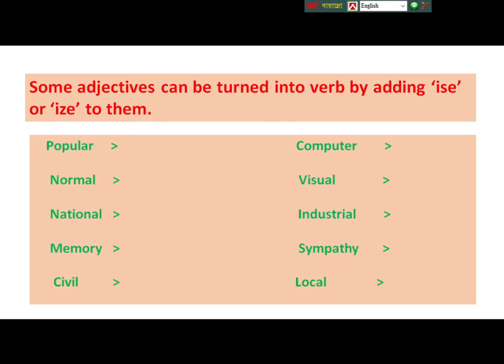We can turn the words into verbs by adding ise or ize to them. Here are the answers of the words.